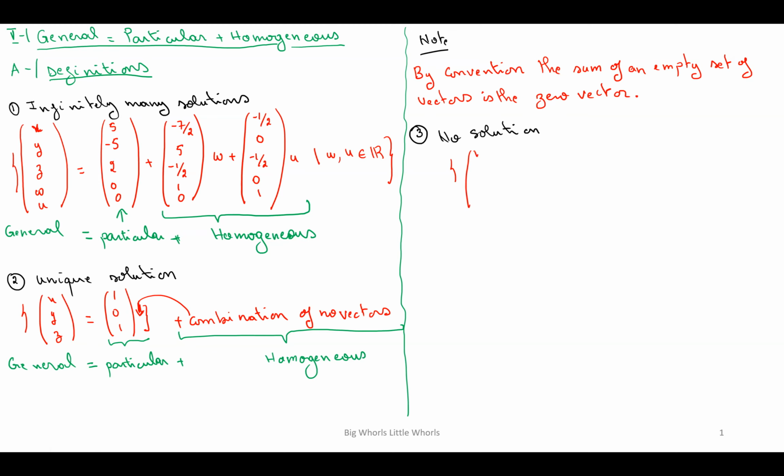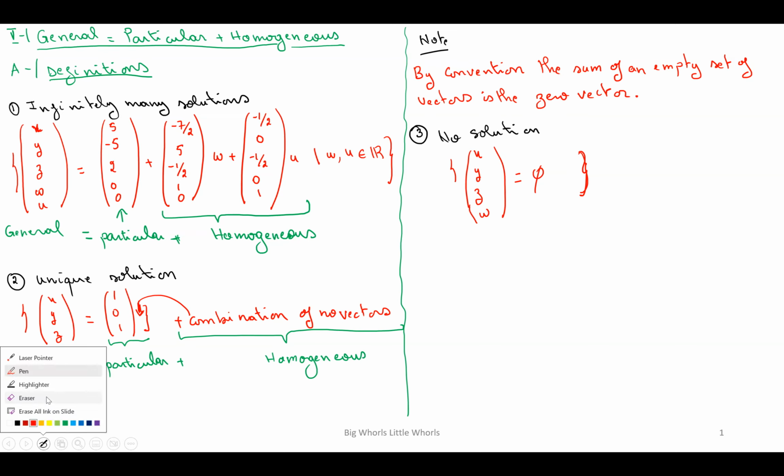Let's say we have x, y, z, and w equals the empty set, so that we follow the same logic as the previous ones. So here, how am I going to describe this? Here I have the empty set, but here as well we are going to have no sum of that vector, because it's empty, so there is no sum at all.